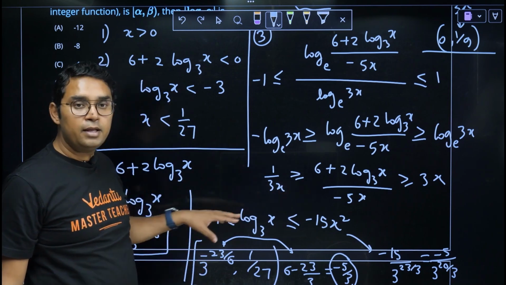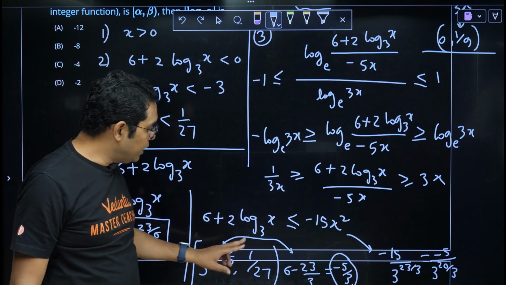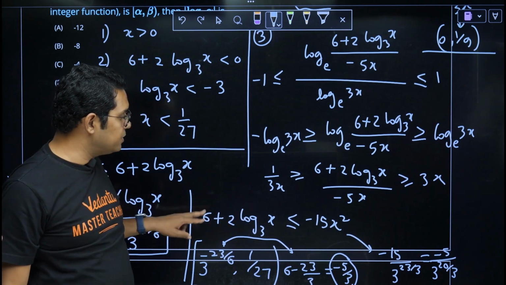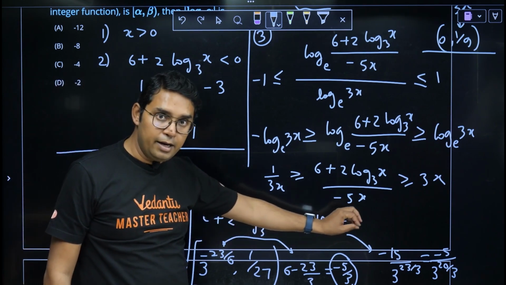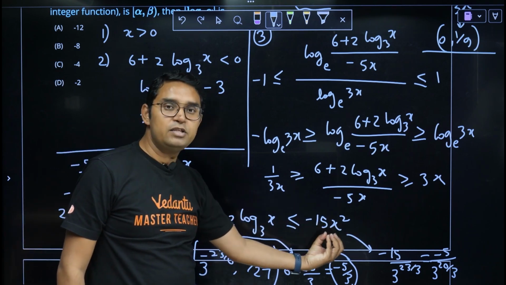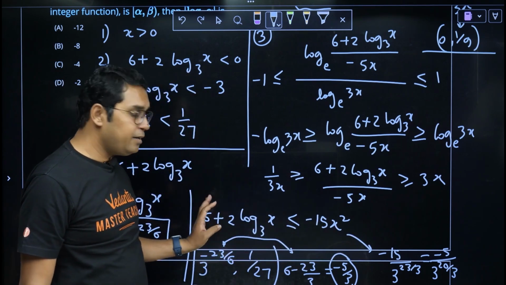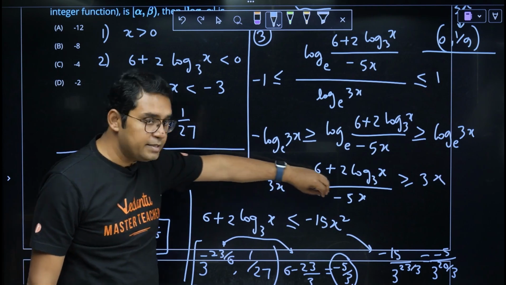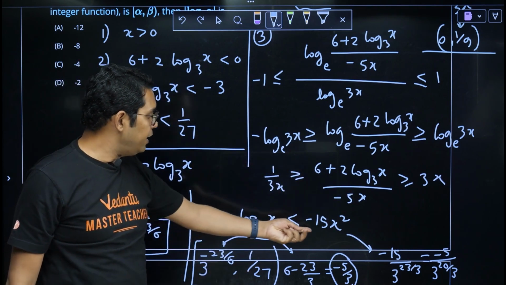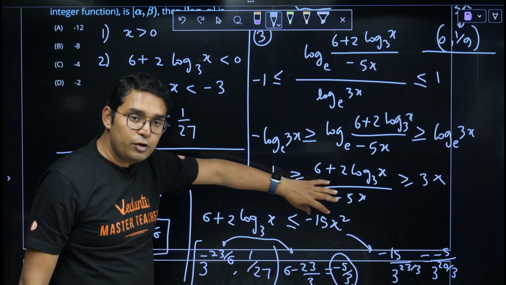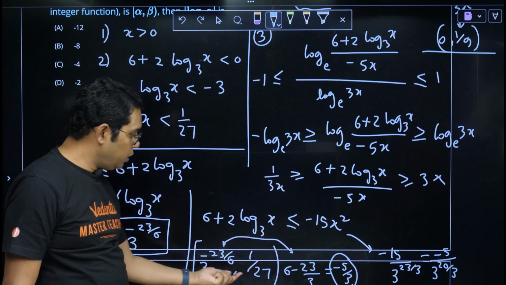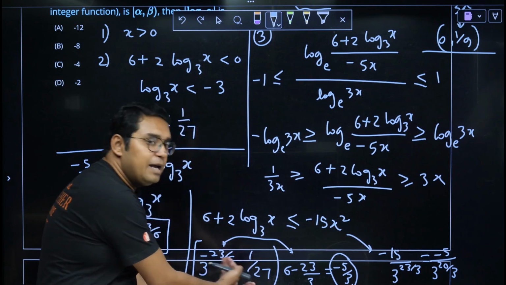Which means this point is actually satisfying this inequality. Now, 1 upon 27, if you put it here, you can see it will be 6 minus 6, 0, whereas this will be slightly negative, so this is not satisfying. But if I put 1 upon 27, that will be a very small number. So there is a difference that it's 0, it is negative. So this 1 upon 27 is definitely not going to be in this solution, but the difference is not much. So you will be getting a solution from this point to some point that is slightly lesser than 1 upon 27.